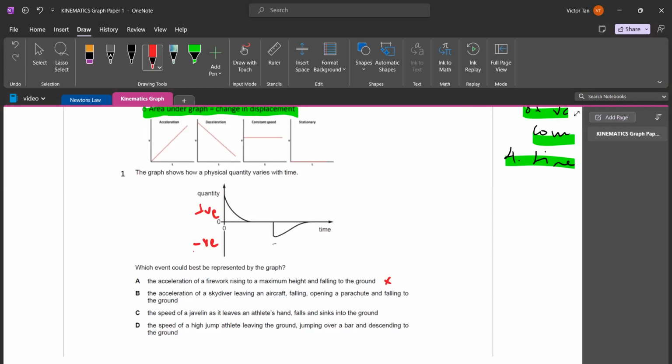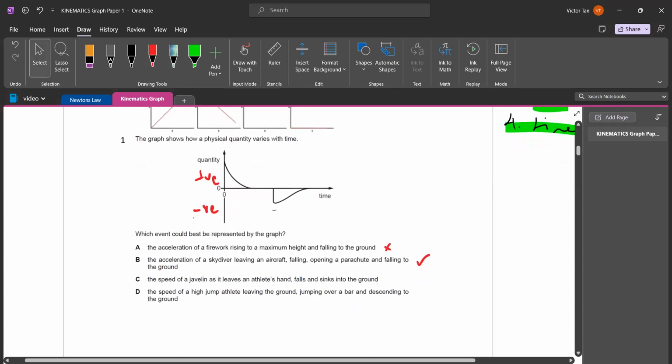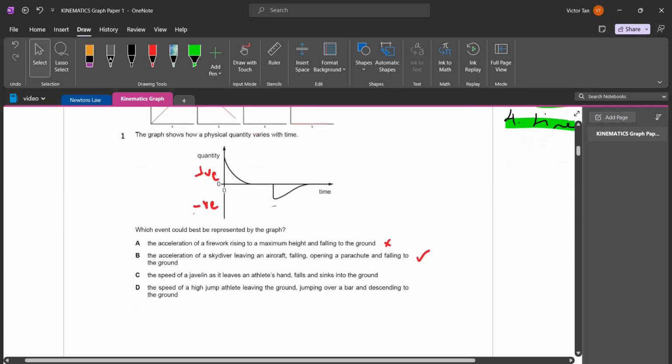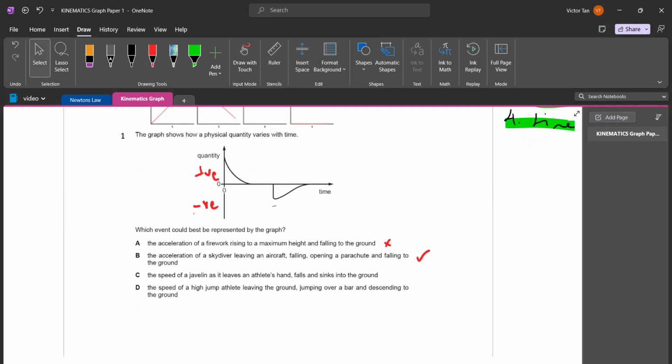The acceleration of a skydiver leaving an aircraft, falling, operating a parachute, and falling to the ground. This is possible. Let me explain to you later; I will explain the others first. Why are they not possible? The speed of a javelin as it leaves an athlete's hand, falls and sinks into the ground.